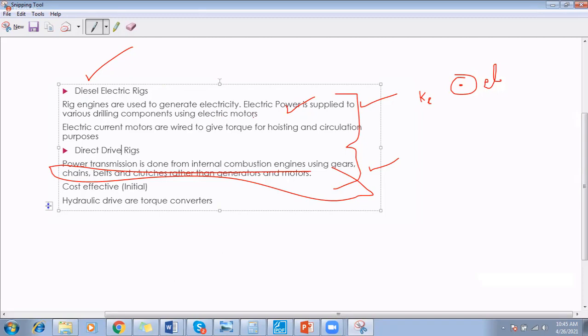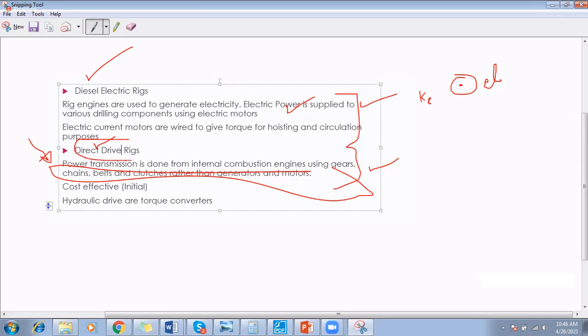The main difference between the diesel electric rig and the direct drive rig is the initial cost related to the setup. If you want to make the setup under financial constraints, there will be a high consumption of finances on the direct drive rig.